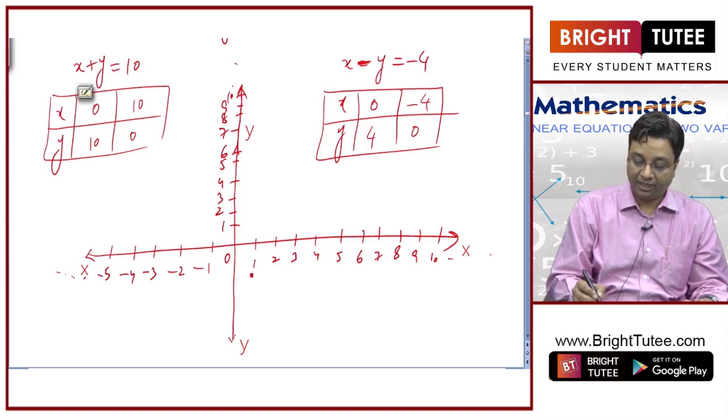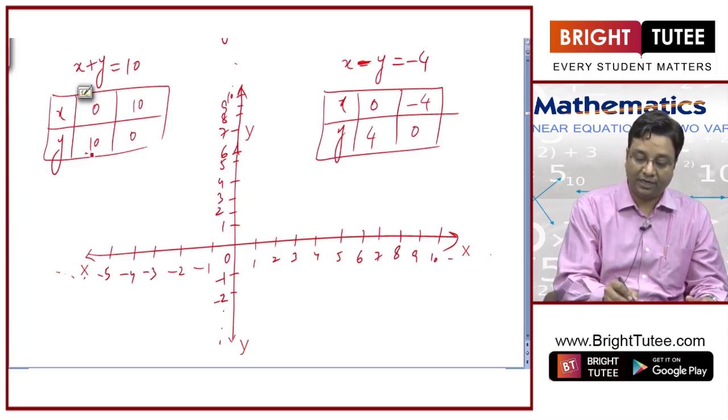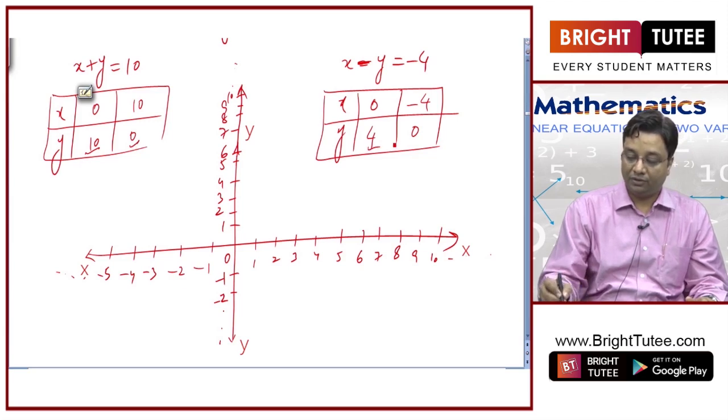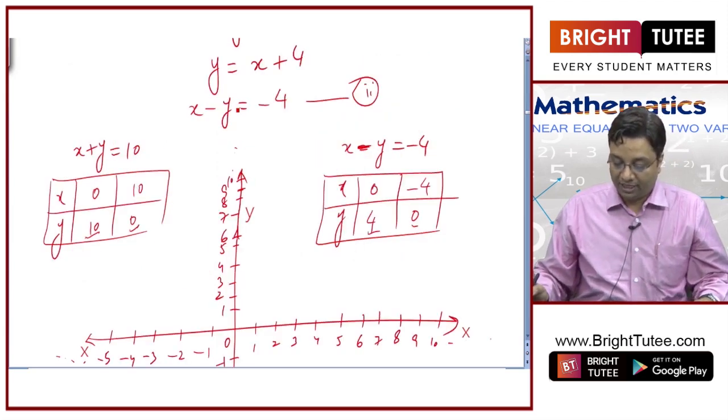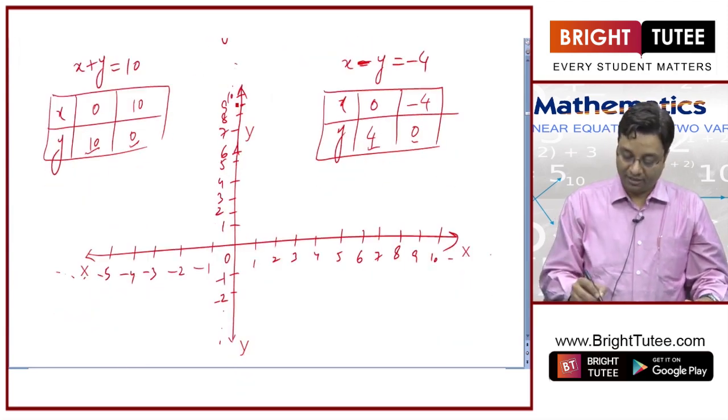And on the negative side of the y axis, I do not require any number. How do I know that? I just saw these values for y: 10, 0, 4, 0. So I require up to 10 only, right? So as per my need, I made this graph here, right?